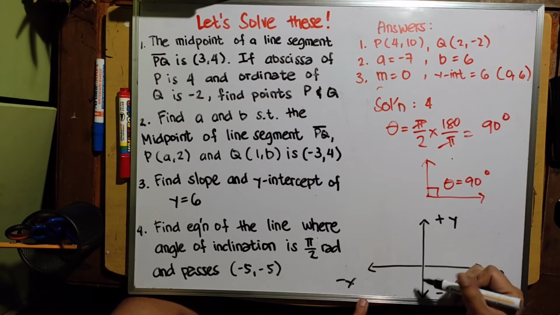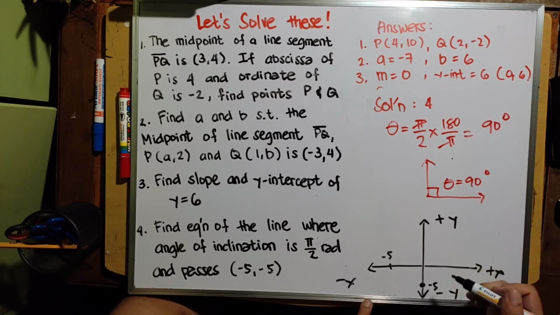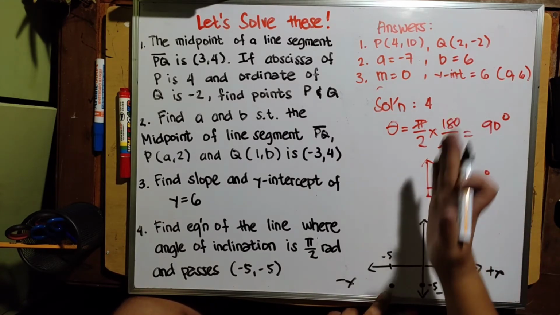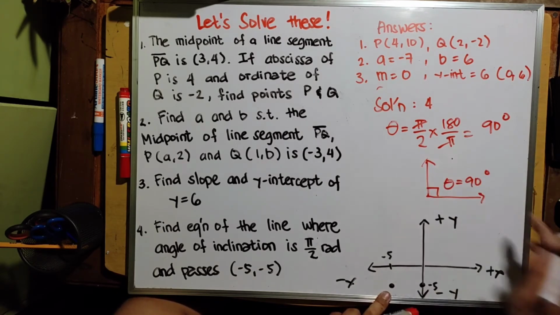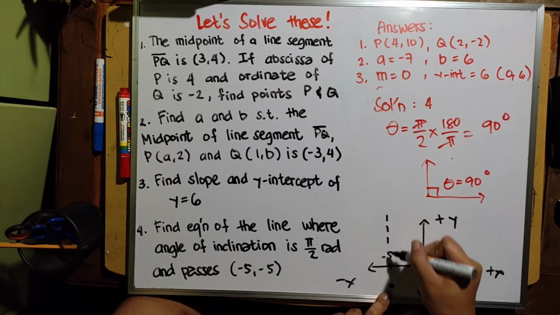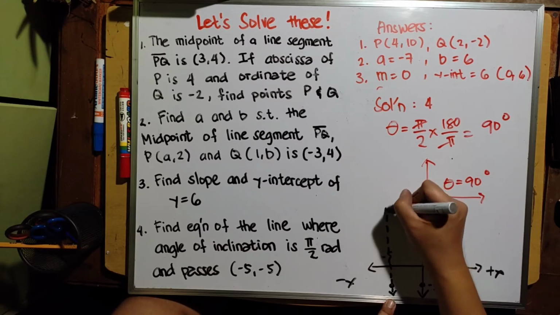So assuming this is (-5, -5), this is the point (-5, -5), and we have a vertical line since the angle theta is 90 degrees. So this is our line, a standing line or a vertical line. So this is the graph.